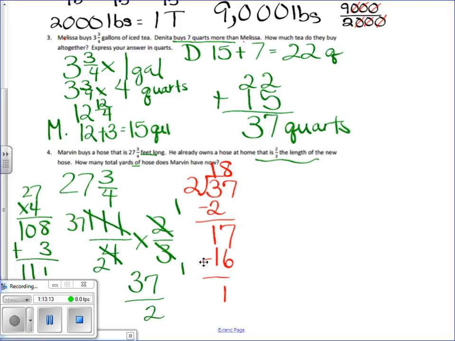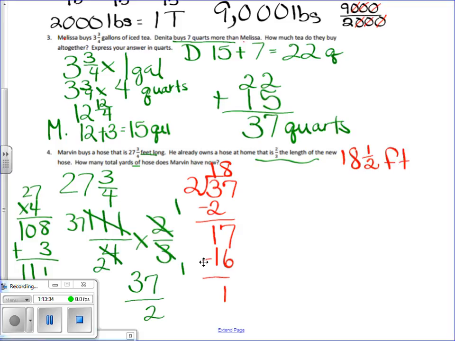So the one that he originally had is this. The one that he bought was this. The one that he already owns that was 2/3 the length is 18 and 1/2 feet.